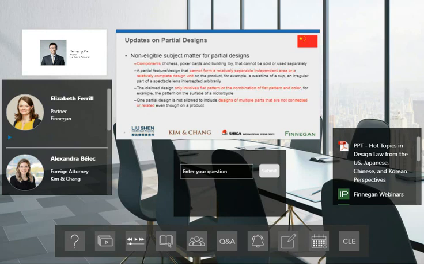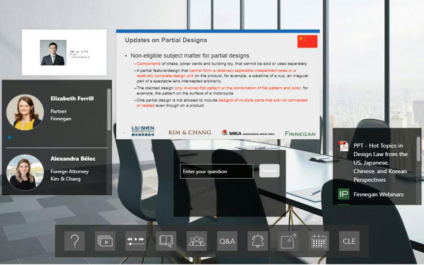And so we can see here are some non-eligible subject matters for partial designs. From the high-level concept, we can see that such a partial design should be at least a separable independent area or a relatively completely designed unit on the product.